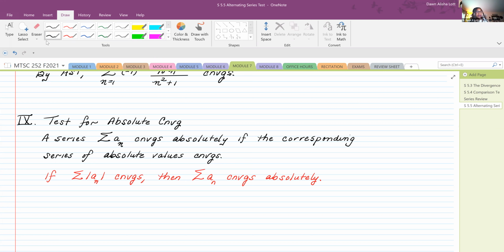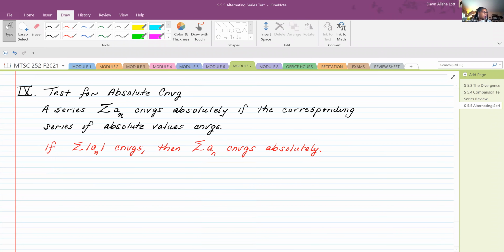All righty, so let's look at these two series. Number 1 is the summation n equals 1 to infinity of minus 1 to the n over n squared.